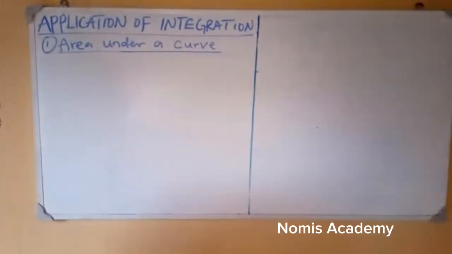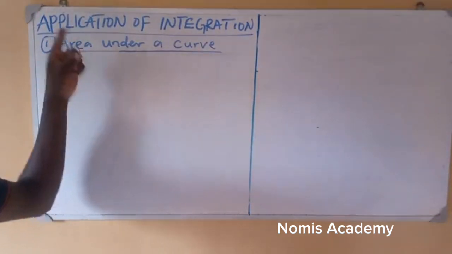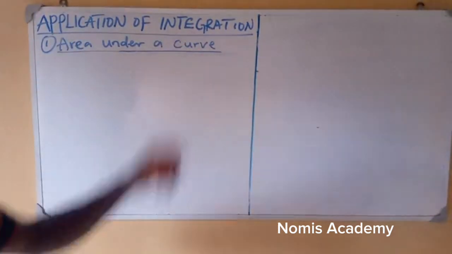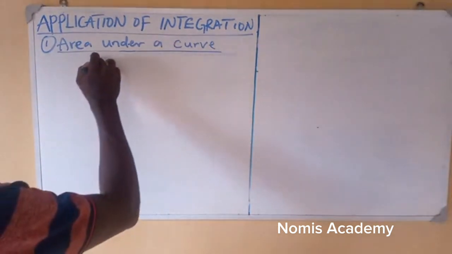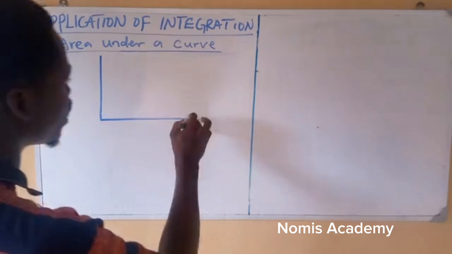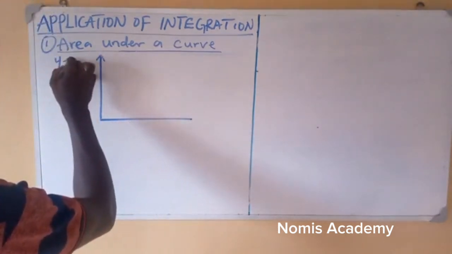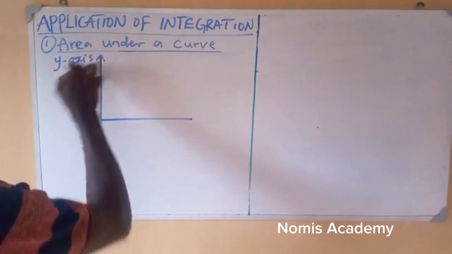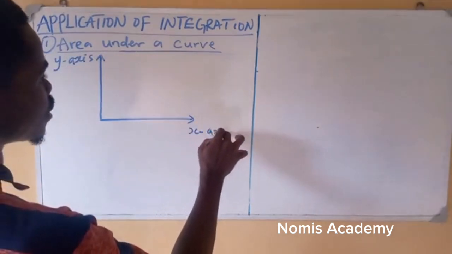In this video, we are going to be looking at area under a curve under the application of integration. Now let's consider the graph. We take here as the y-axis and then here as the x-axis.